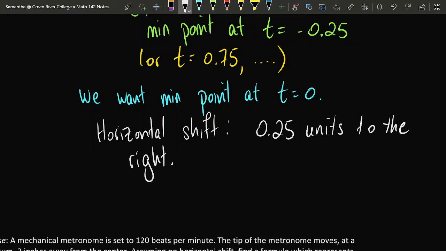That'll move that minimum point from t equals -0.25 over to t equals 0, which is what we're looking for. But other shifts are possible. Another correct answer would be to shift it by 0.75 units to the left.